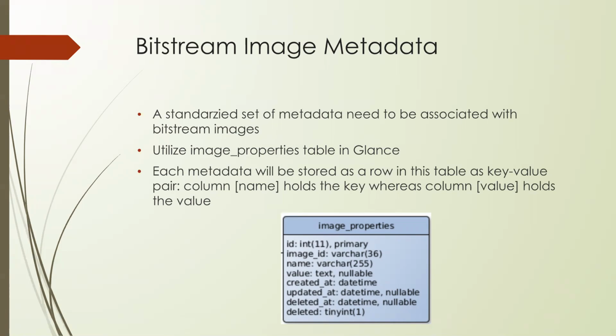So we came up with the metadata that we think should be associated with those bit streams. There probably won't be much code for this feature, but it's more about how we define the things that everyone agrees on, right?